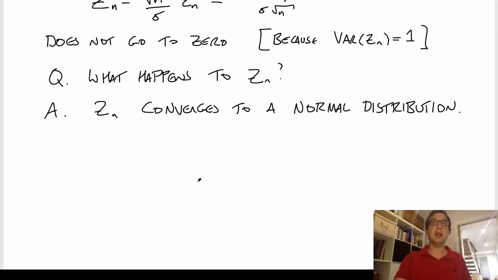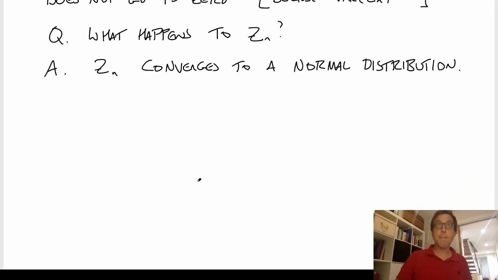This result is called the central limit theorem. Okay, so let's write that down.